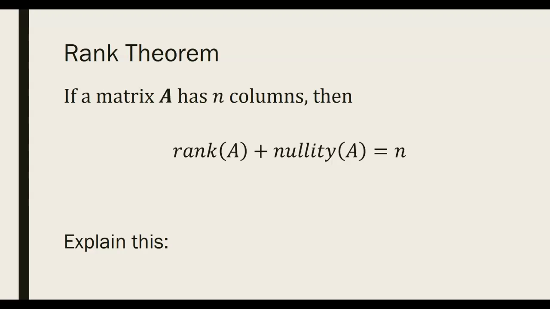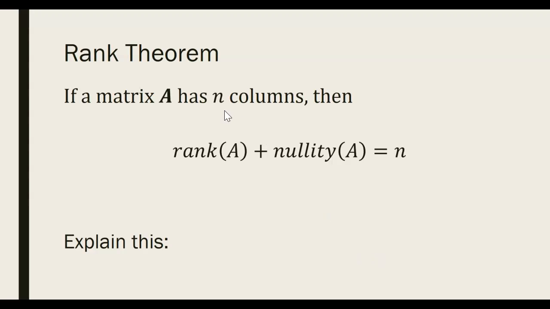That row reduced echelon form is going to have pivot columns and columns which represent free variables. Each pivot column represents a basis element from our column space. Each free variable represents a basis element from our null space.